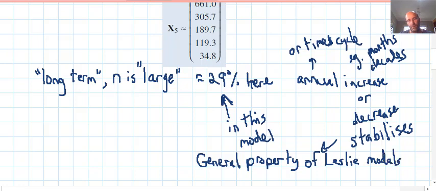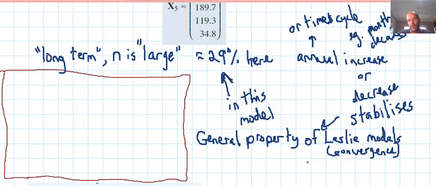Okay, so in the long term, the annual increase or decrease, bearing in mind it doesn't have to be annual, it can be decade or whatever the cycle is, it does stabilize and it converges onto a value. So you get convergence. Hope you can read that word, convergence. Okay, so it produces a stable state, another way of describing that.